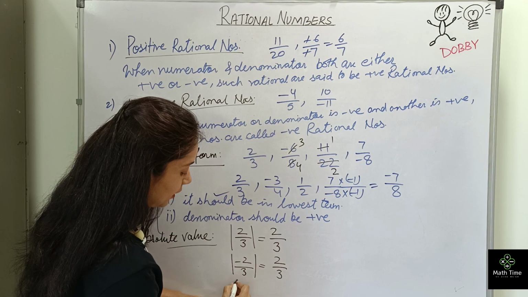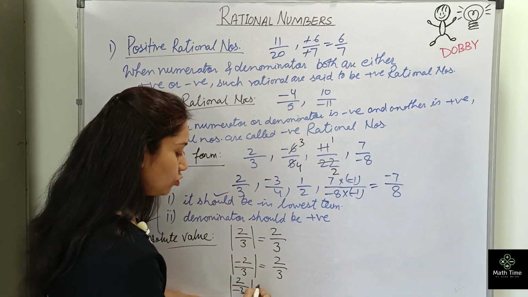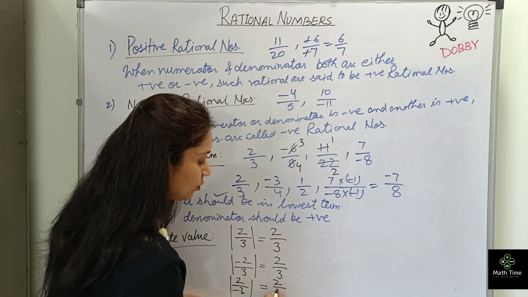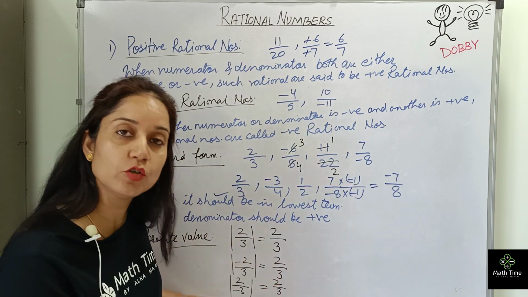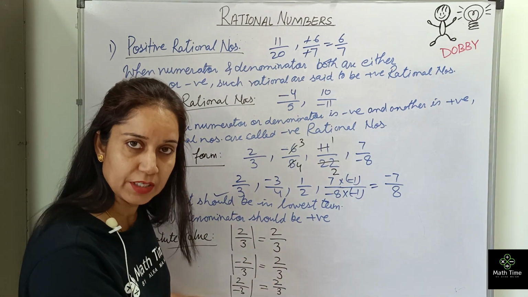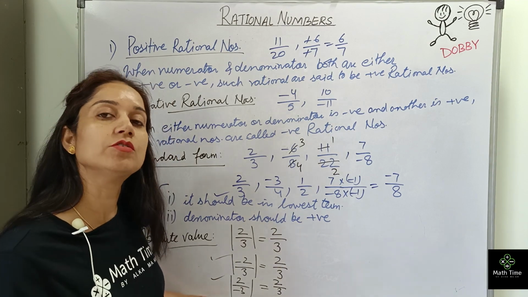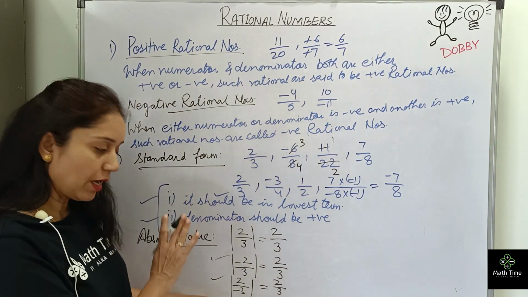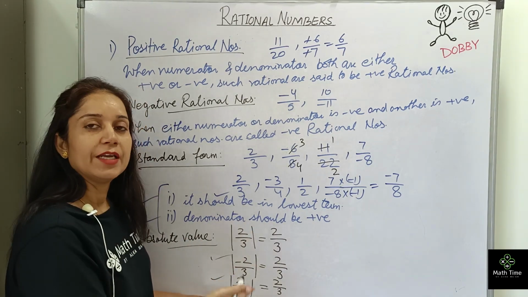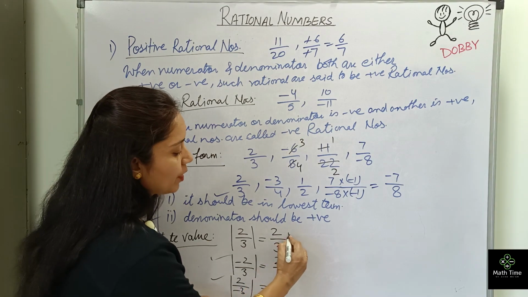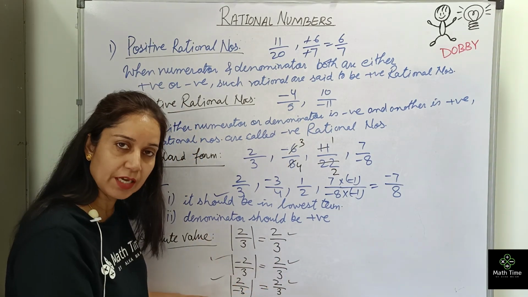It will also turn into 2/3. If your third is 2/-3, the denominator should not be negative, it should always be positive, so it also becomes 2/3. So absolute value, change the sign to positive. Positive remain positive, yes, but if it is negative, numerator or denominator, that also turn into positive. So absolute value, change the negative sign into positive. So this is just the numerical value, 2/3, 2/3, 2/3 without any negative sign.